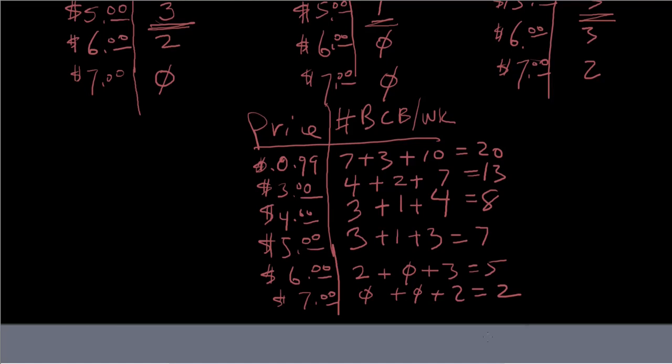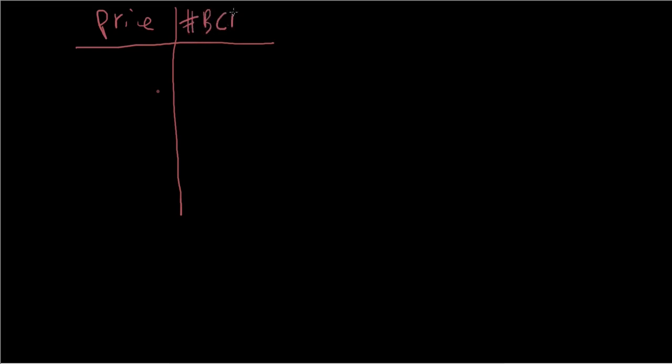Okay, let me clear this up and rewrite that information here. So the estimated weekly demand looks like this: a price, and the number of bacon cheeseburgers per week.